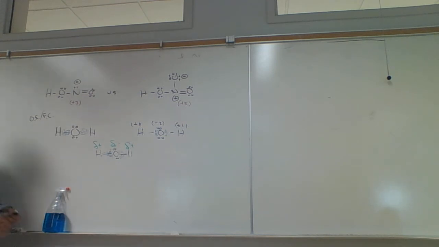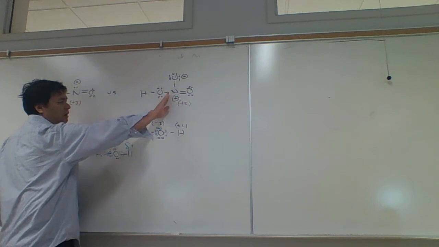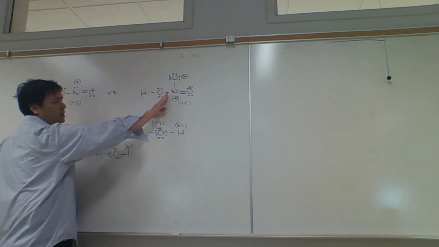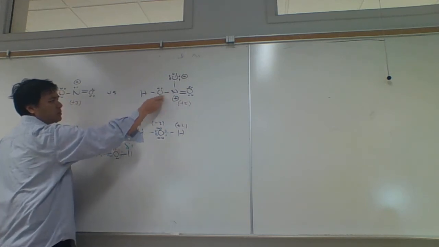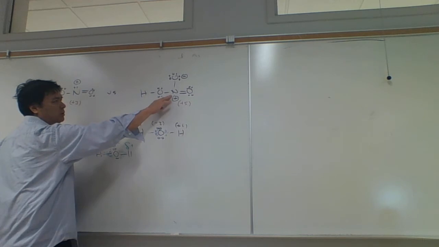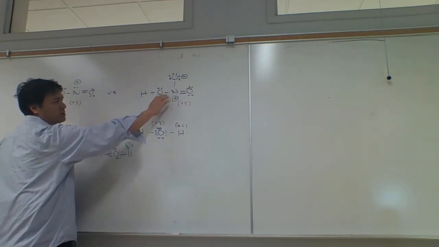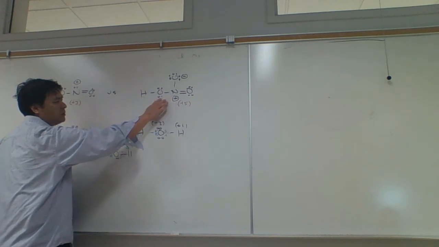And so this is the inductive effect. The inductive effect is this nitrogen is highly electronegative, pulling electron density away from this oxygen. Normally oxygen pulls the electron density away from the nitrogen because it's more electronegative, but this is +5. And so this is going to have a much stronger pull than it normally would. It's not to say that nitrogen is going to take all the electrons from oxygen, it won't.